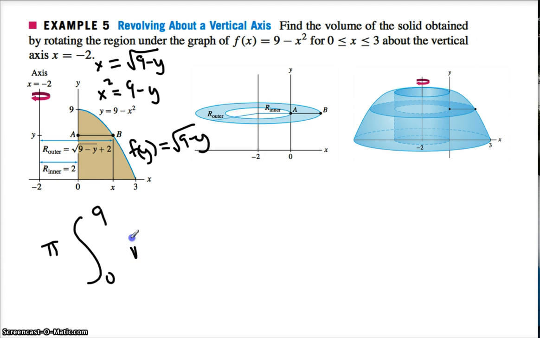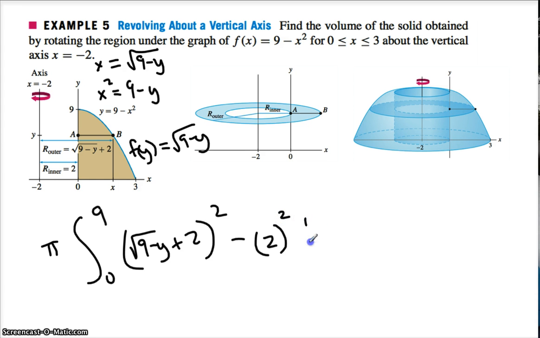So we need to add that. Don't forget the square. And then we subtract the distance from the y-axis to the vertical line x equals -2, which is just 2 units. So we need to subtract that, squared, and this will be all dy. Okay, so that's the setup.